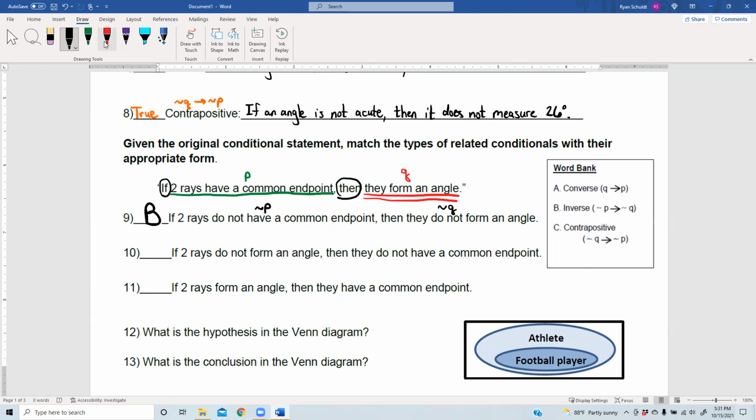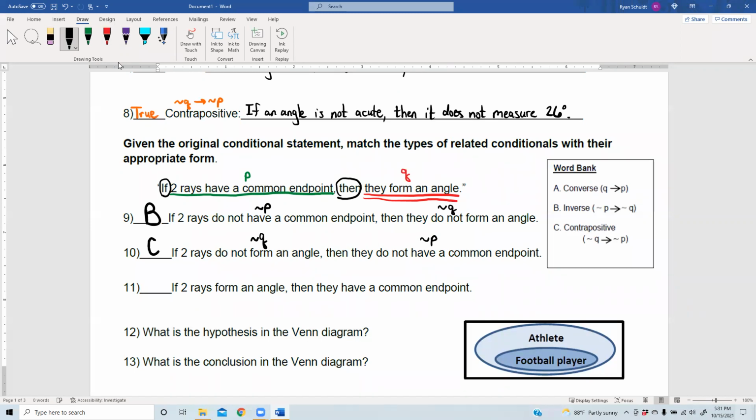Okay, now let's look at the next one. If two rays do not form an angle, so we do not form an angle, that's not Q, then they do not have a common endpoint. That's not P. So if not Q, then not P. That's our contrapositive.